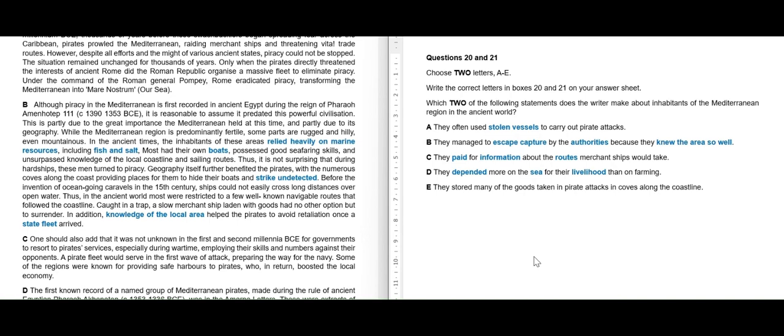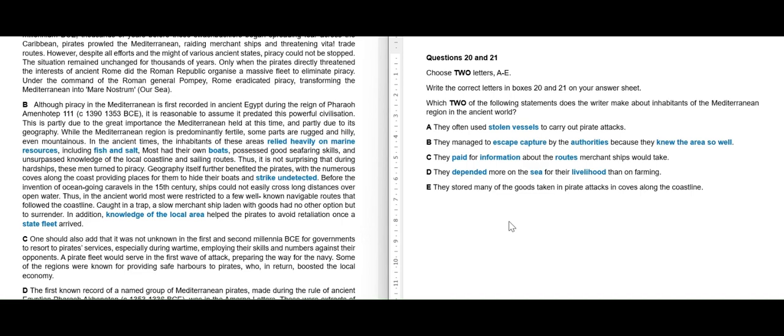Option A. The keywords in this question are stolen vessels. Although you can find boats, which is synonymous to vessels, there is no mention of stealing boats and any other word which is synonymous to stealing. Hence, we can rule out option A and answer.